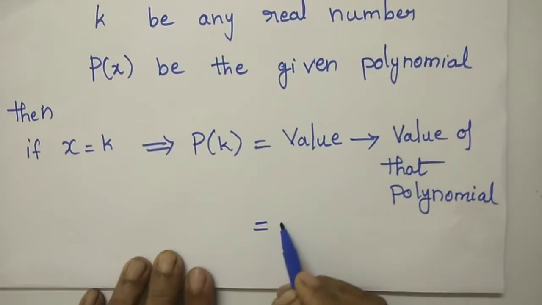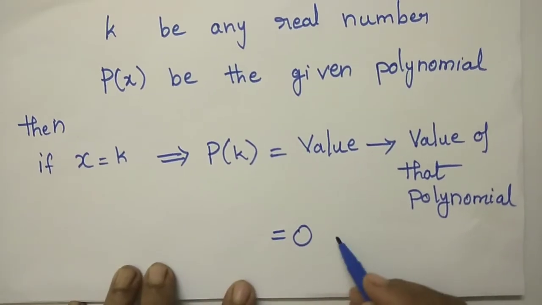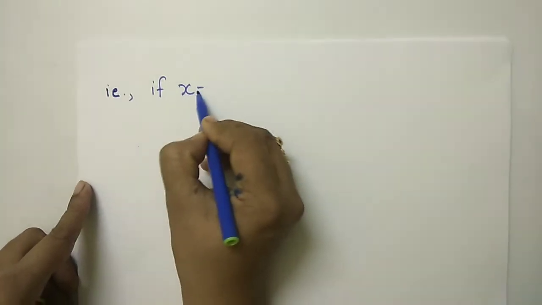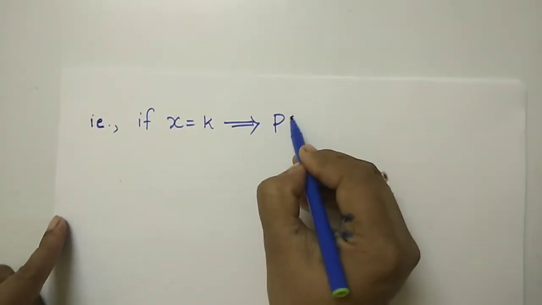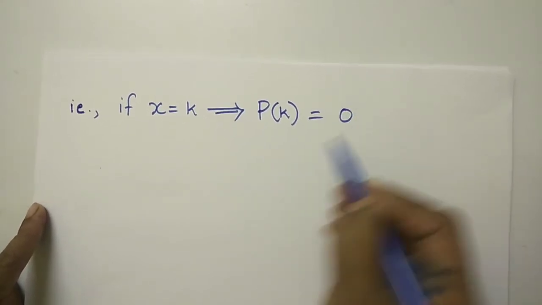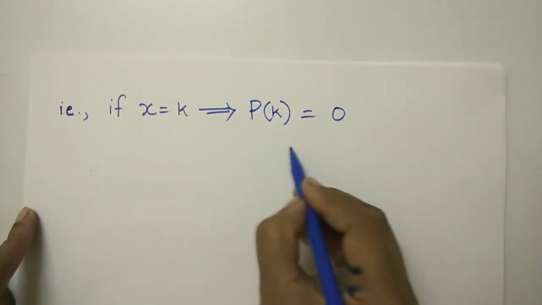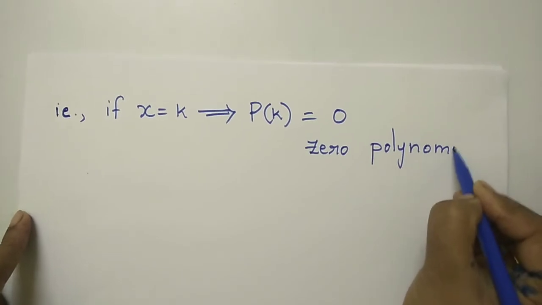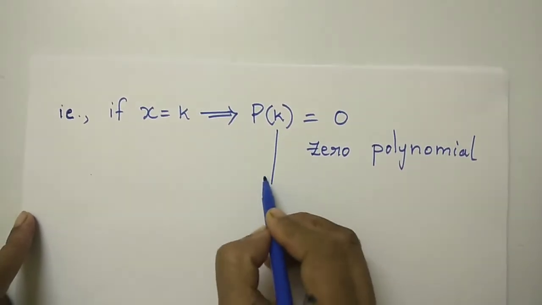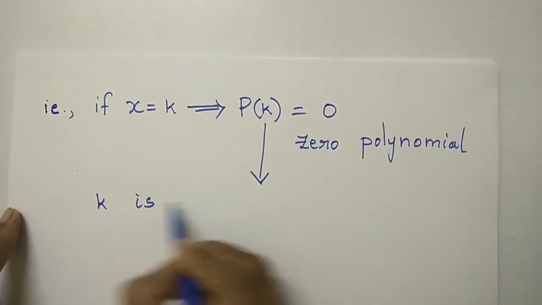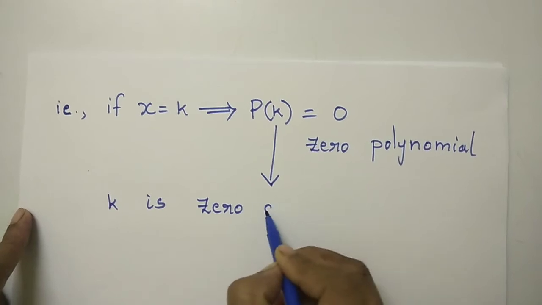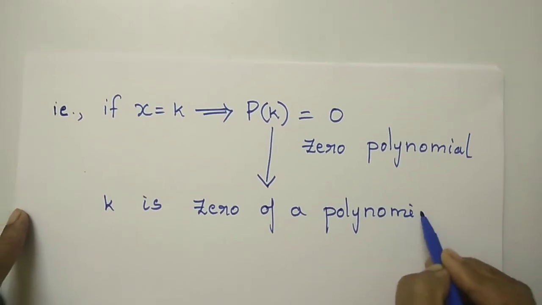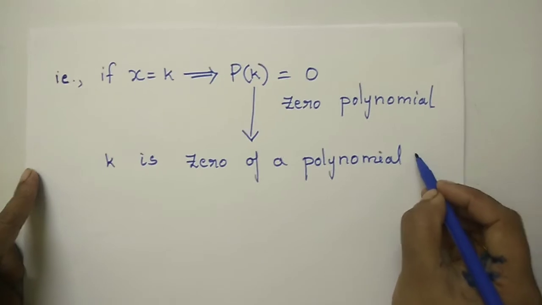If this value is 0, that is, if x equal to k and the value of the polynomial at k is 0, then this real number k is said to be a zero of the polynomial p of x.